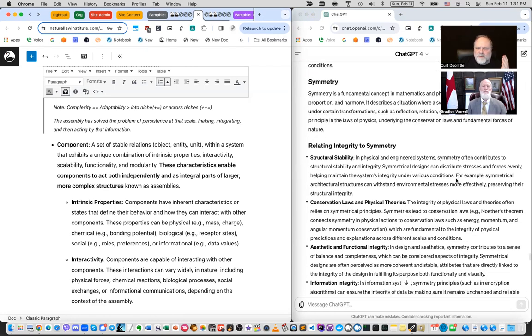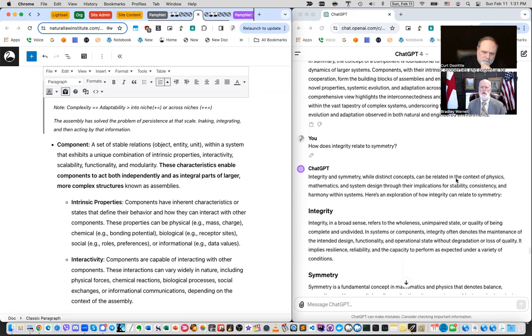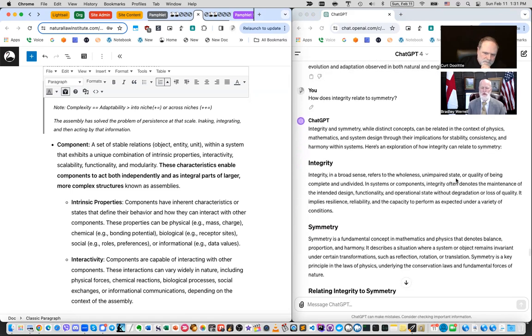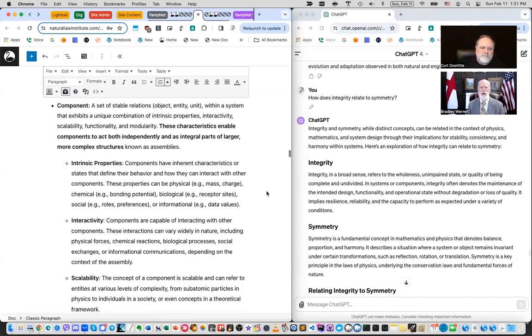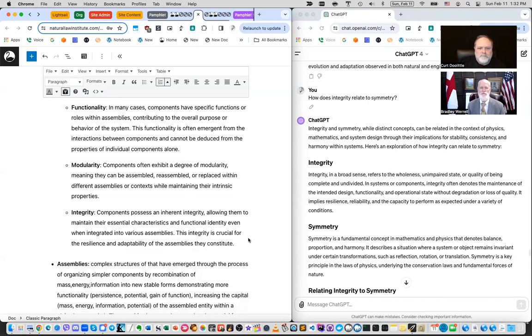We could say, what is integrity? Integrity means that the thing we're talking about will behave in the same fashion in all conditions, given those conditions. Symmetry says the laws of the universe are going to be consistent. And integrity is a consistent pattern inside that frame and will always behave in the same fashion given the same conditions.